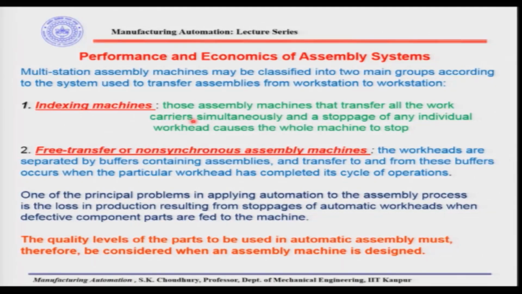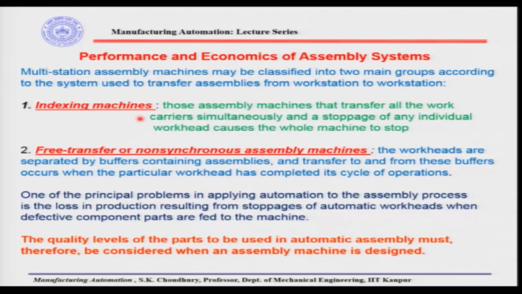So, indexing machines are those assembly machines that transfer all the work carriers simultaneously, and a stoppage of any individual workhead causes the whole machine to stop. Here of course, the disadvantage in the indexing machines is that if one machine stops, the other machines will stop, but keeping in mind that indexing machines are used for small parts, small assemblies, small machines, we assume that the stoppage of the machines will be rare.